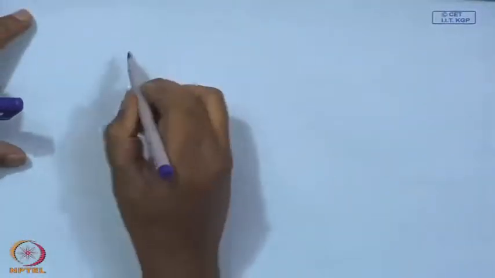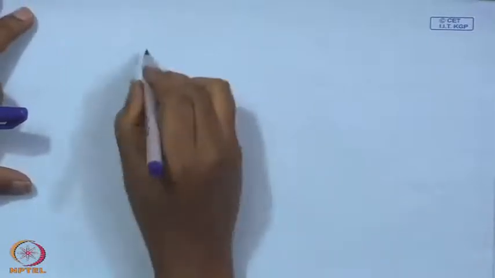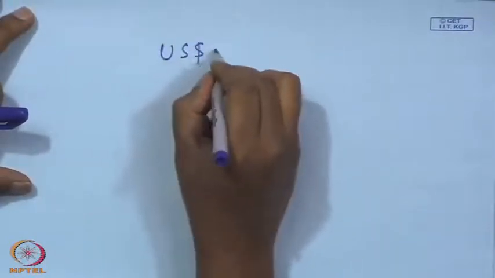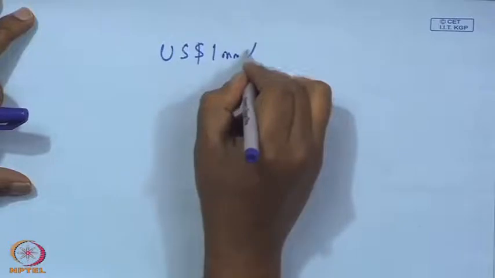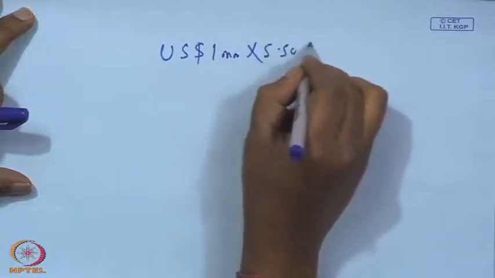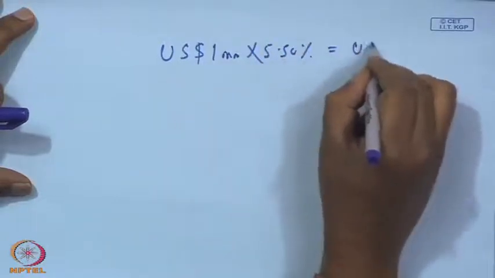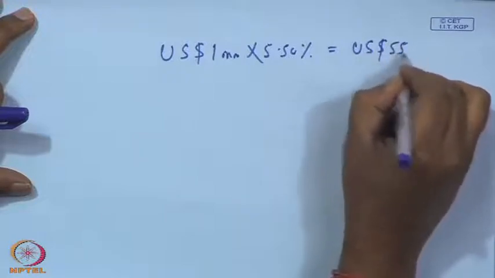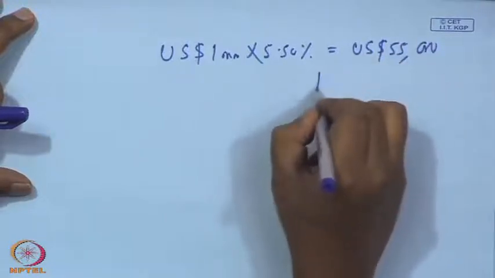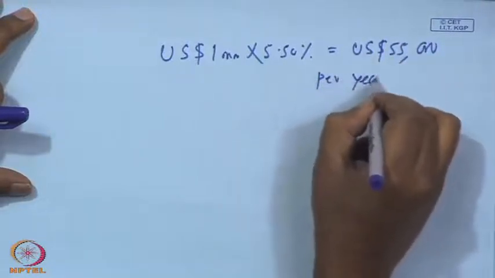Now, what will be the interest transaction? Interest transaction in US dollar will be at the rate of 5.5%. So, US dollar 1 million into 5.5% is equivalent to US dollar 55,000 per year. For how many years?